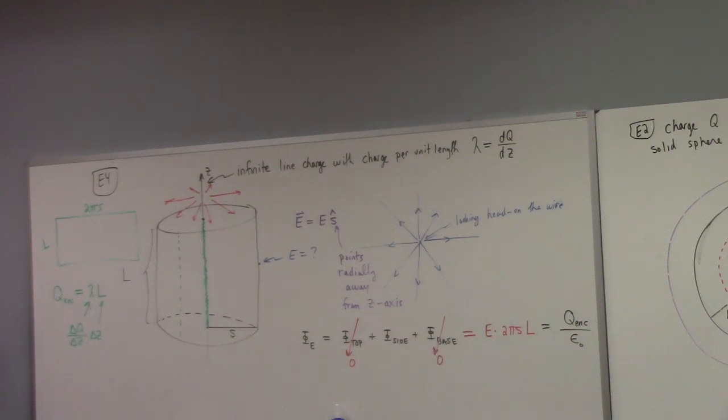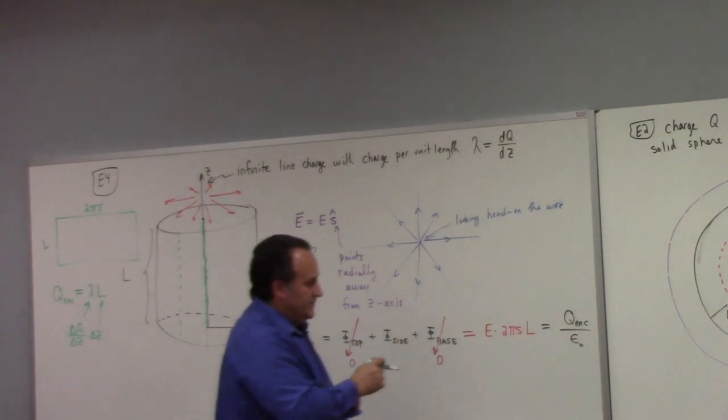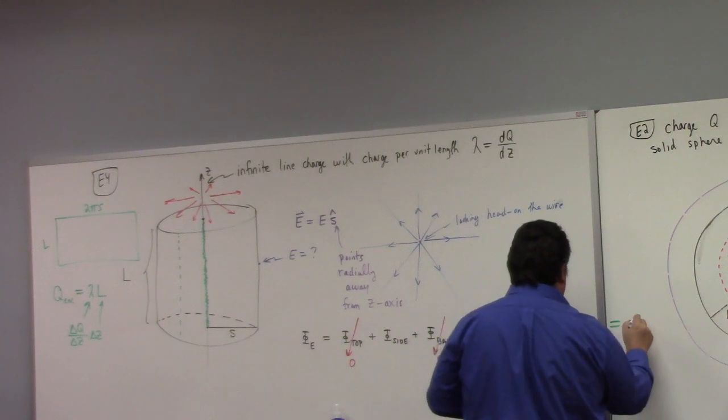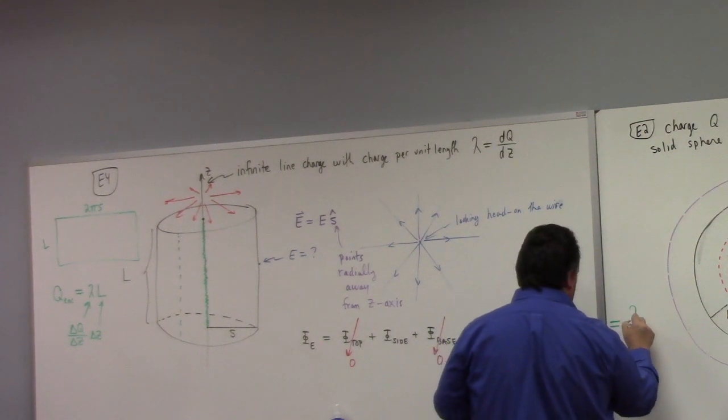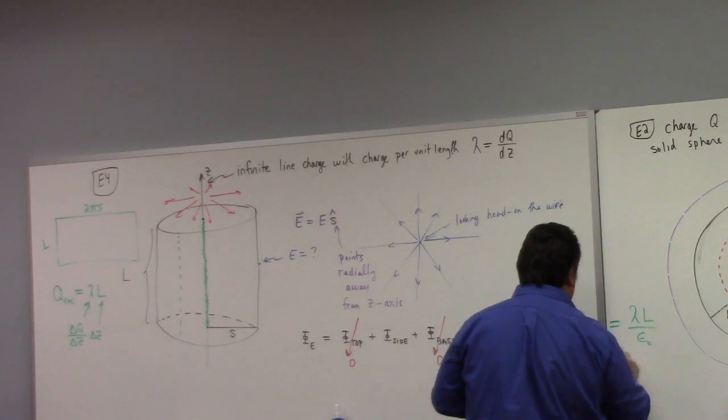Density times length gives us charge enclosed. So in this case, Q enclosed over epsilon naught is lambda L over epsilon naught.